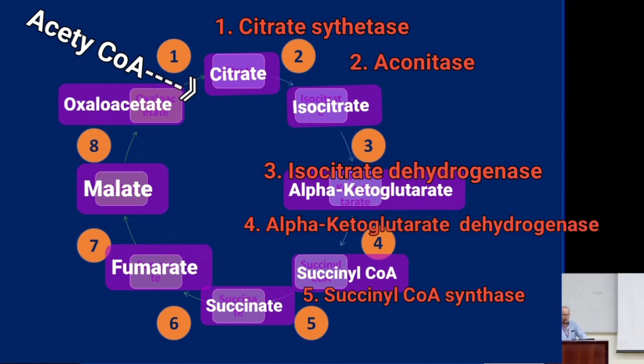Actually, this is a very important enzyme in the TCA cycle, and it is similar to pyruvate dehydrogenase in that it requires all the same coenzymes: NAD, FAD, CoA, lipoic acid, and thiamine pyrophosphate. So this has the same requirement of coenzymes as pyruvate dehydrogenase.